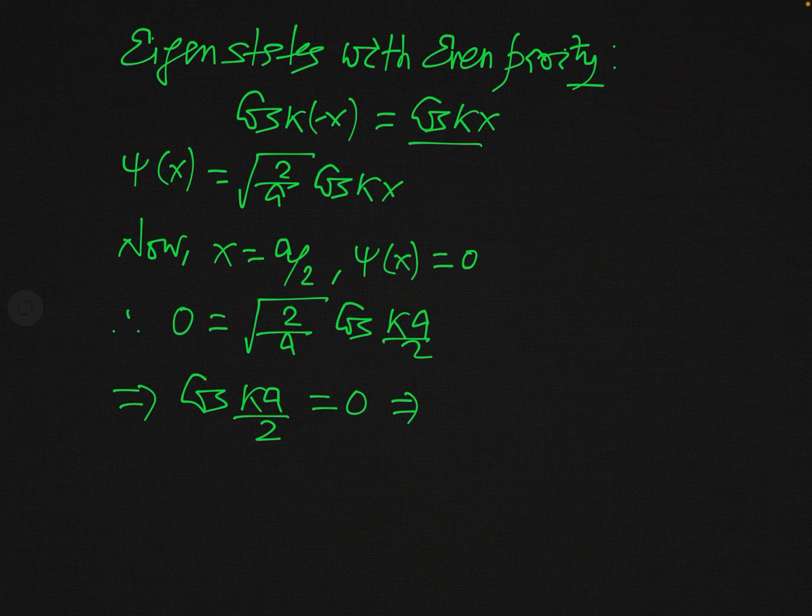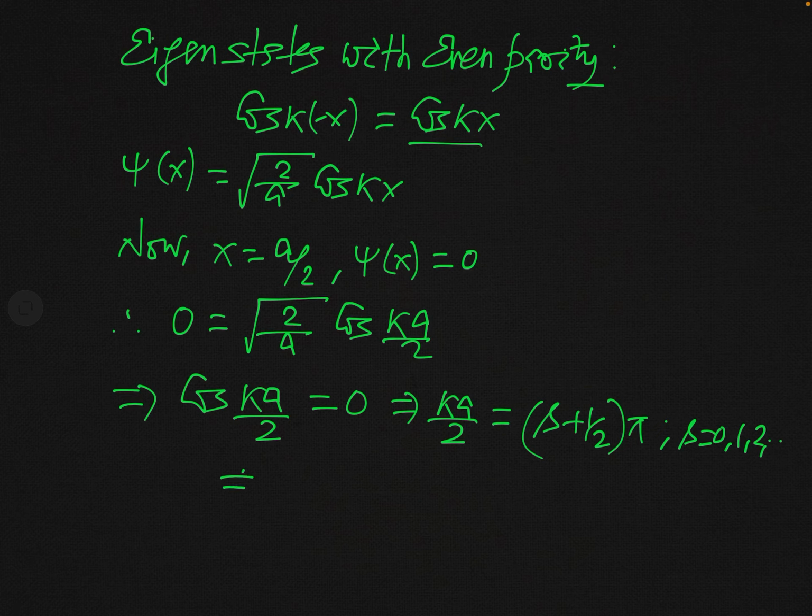And so now we will write the general expression for ka by 2. So what will be the general expression for ka by 2? You can see here easily that this will be equal to, let us say, s plus half times pi, where s is equal to 0, 1, 2 and so on.